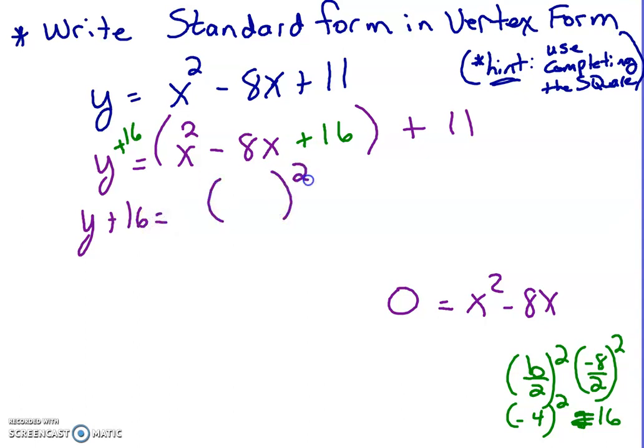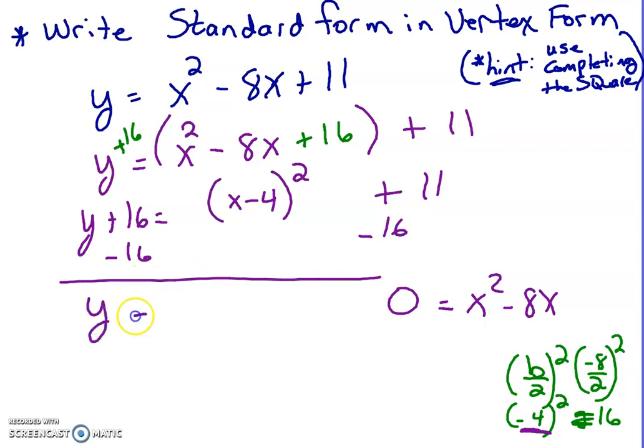Remember, this factors perfectly, and again, that 11 is just over to the side. This factors perfectly to (x minus 4) squared. Again, hint, hint, there it is right there. And then all you have to do is subtract 16 from both sides, and you have vertex form. And that's how you would do that, is use completing the square.